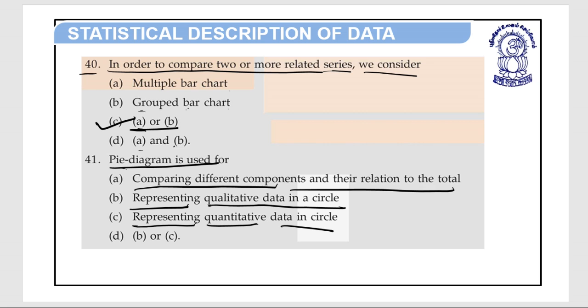So here pie diagram is used for comparing different components and their relation to the total. So here option A is the right answer.